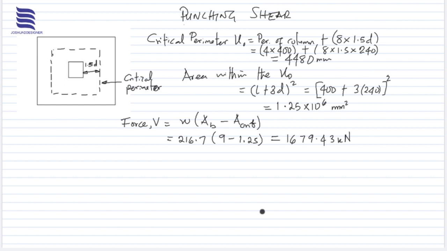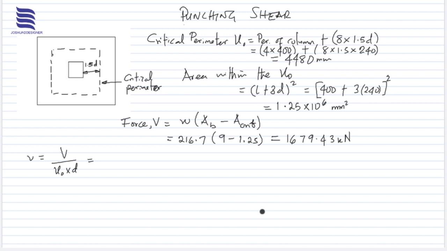Right. So from here we can apply the formula for our normal stress, since we have all other values here. So we can use the critical perimeter now, multiply by the depth.